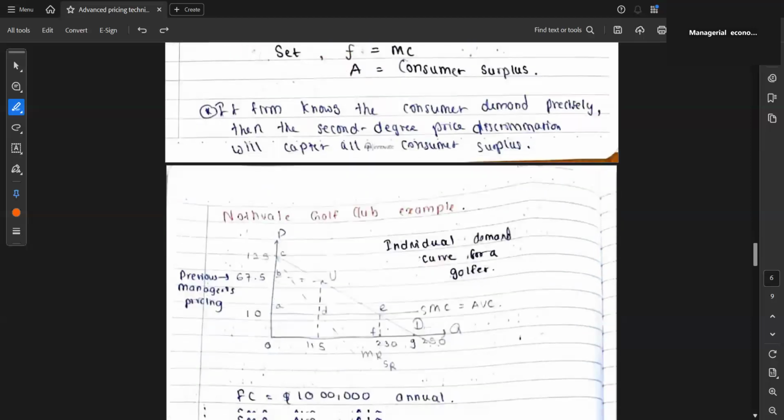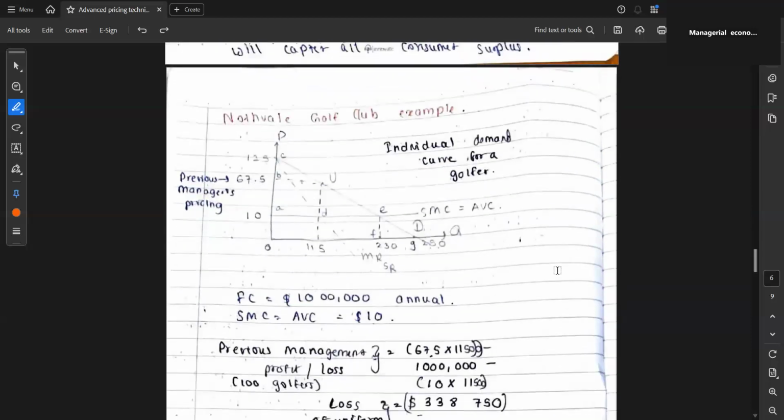If the firm knows precisely about each consumer's demand for the good, then they have the ability to capture the entire consumer surplus, which is similar to first degree price discrimination.